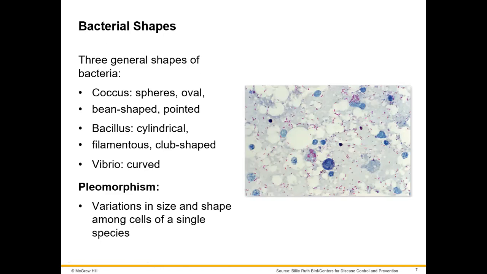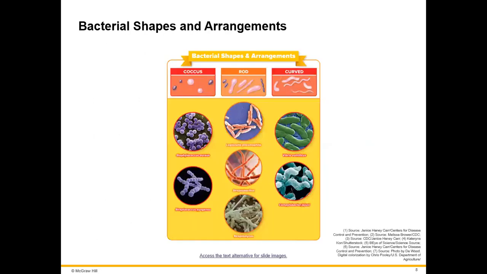Vibrio, such as the bacteria that causes cholera, Vibrio cholerae, looks like a little comma. Some bacteria exhibit pleomorphism. Morphology refers to shape. Pleomorphism means they have a variable shape, so they're not always uniform.